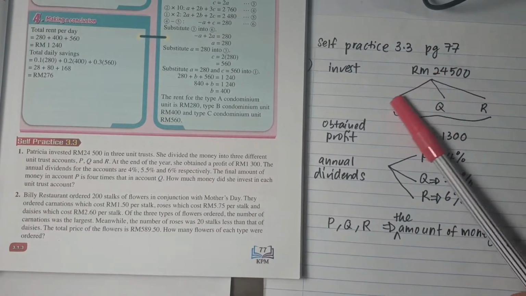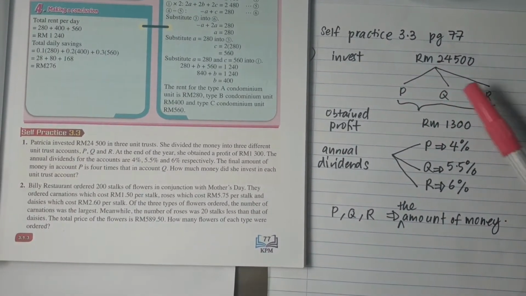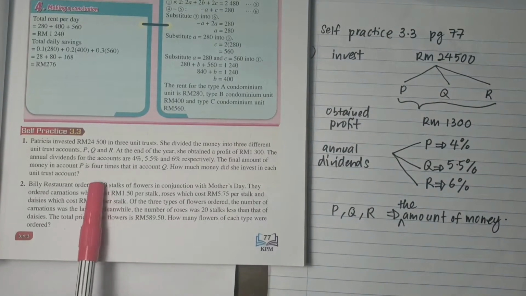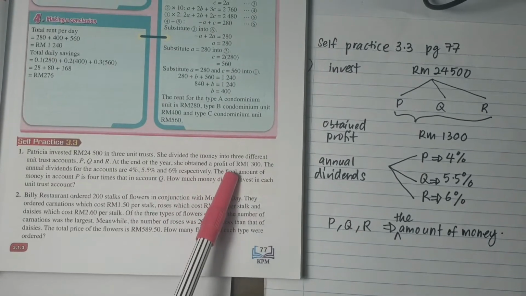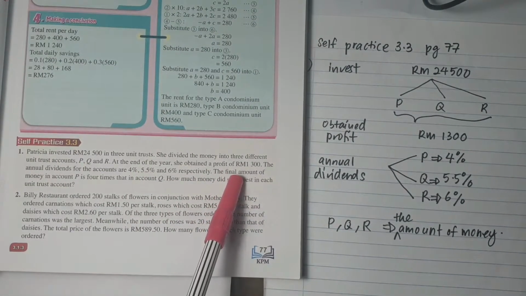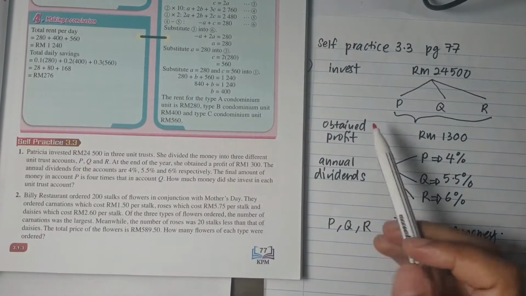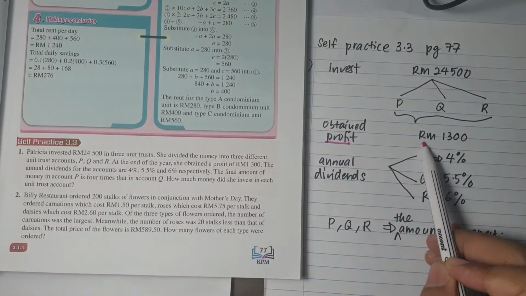So dia invest, dia bahagi kepada 3 account lah. P, Q, R. At the end of the year, she obtained a profit of RM 1,300. So profit at the end of the year dia dapat banyak ni.